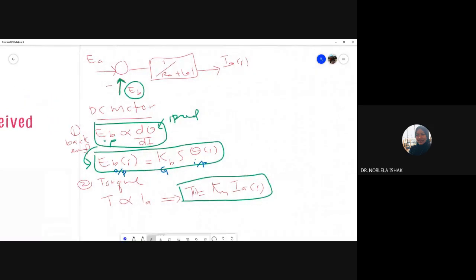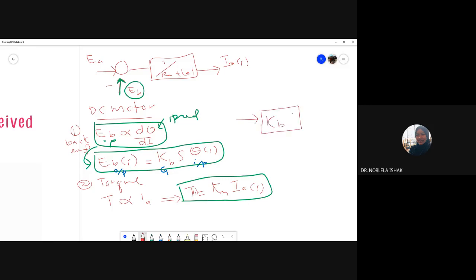So how do we do it? Do you have to rewrite? Not necessarily, no need to rewrite, because you already represent it in terms of output equal to gain directly times input. So you draw the block diagram.